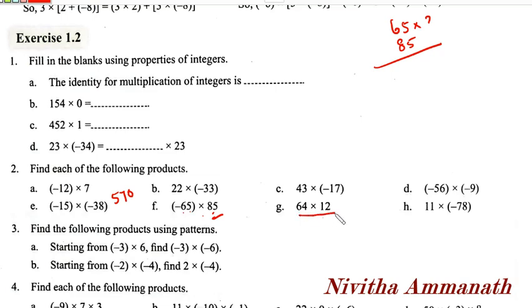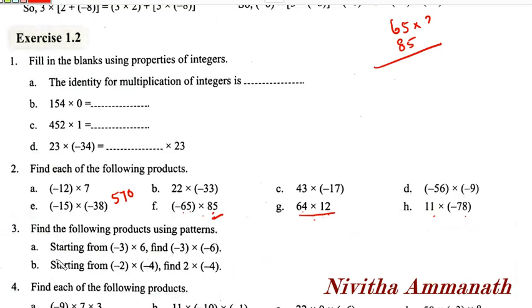We already know that 64 into 12, both are positive, right? So we simply write the answer. Then next one is 11 into minus 78, right? So 11 into minus 78 is negative. One is positive and one is negative. So the answer will be negative only. You have to comment all these three.